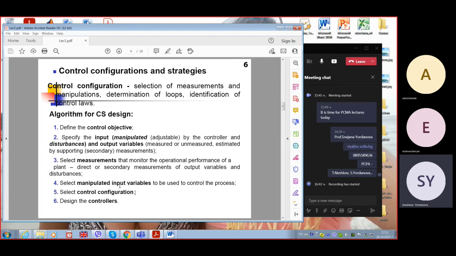inflow of material or energy, and this restriction is controlled by opening more, so moving the plug up, or closing more, moving the plug down.